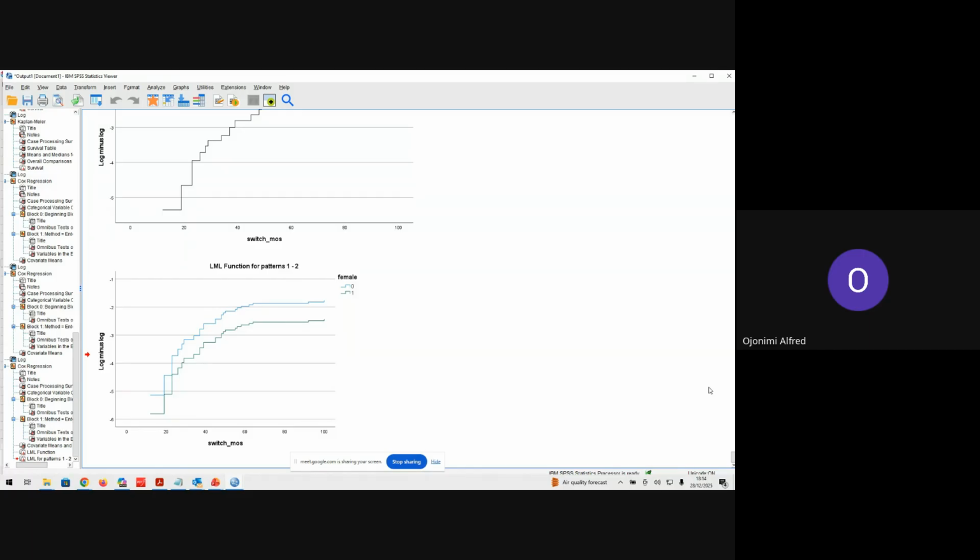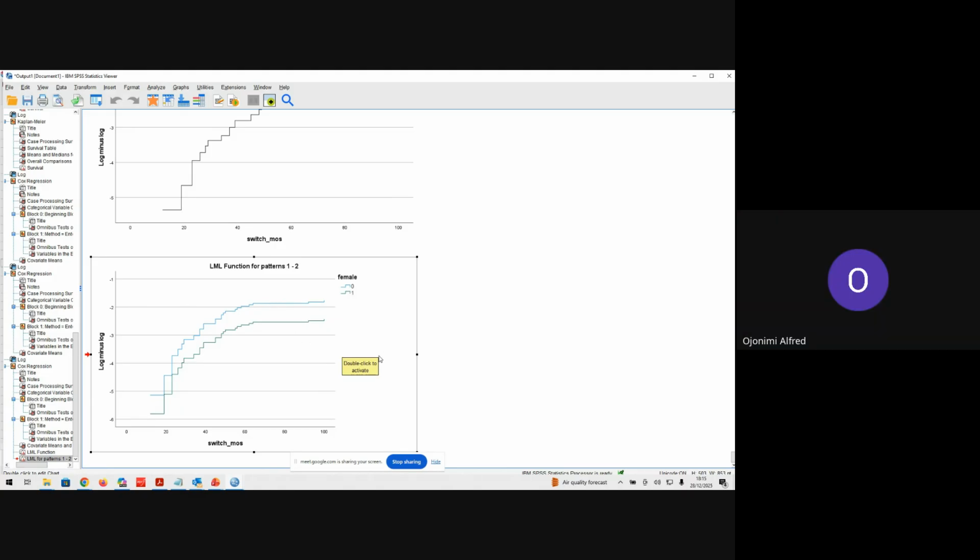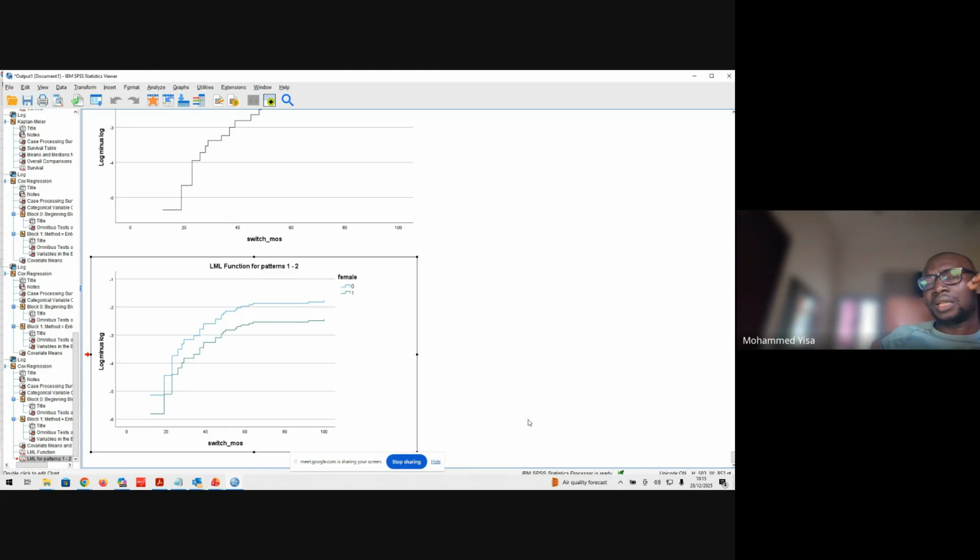I wanted to ask about this last curve. Is it the same curve we've been working on, and how did we transform it this way? Yeah, so this is not the Kaplan-Meier curve. This is a log minus log curve, a visual representation of the Schoenfeld test.